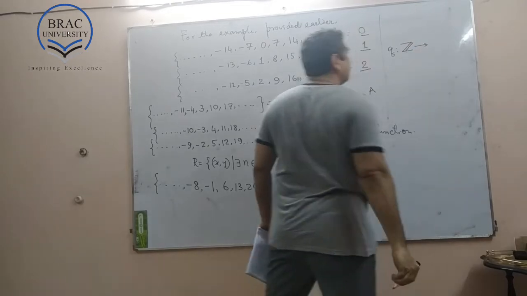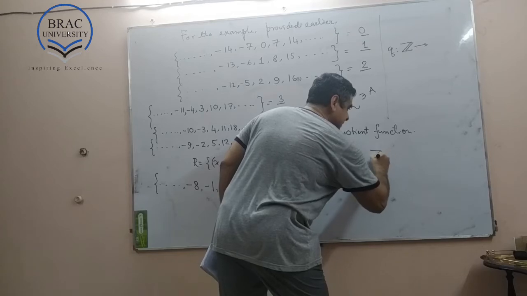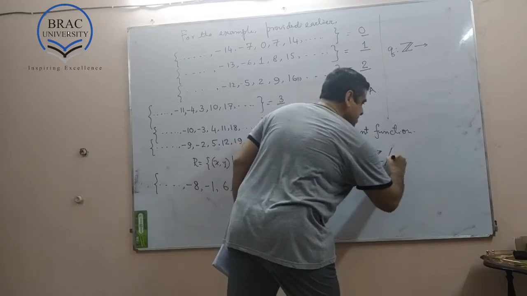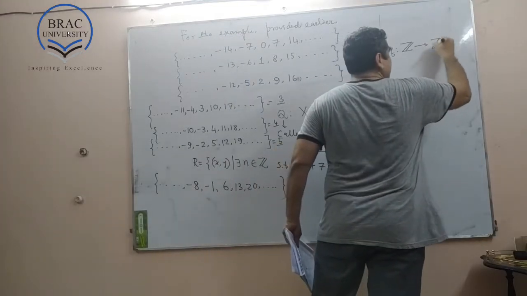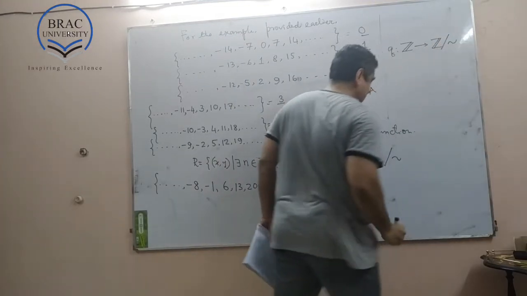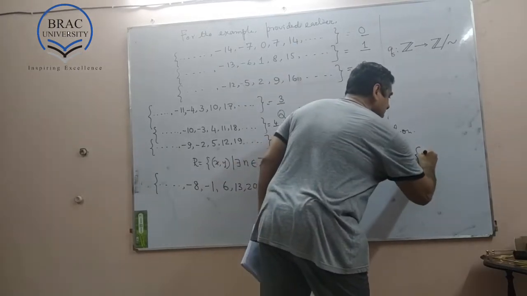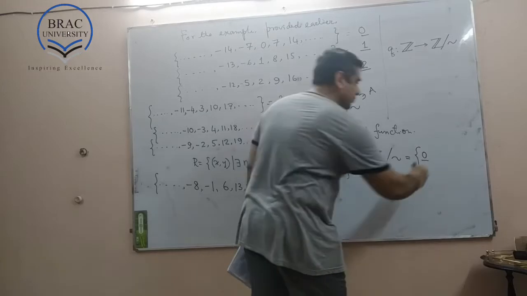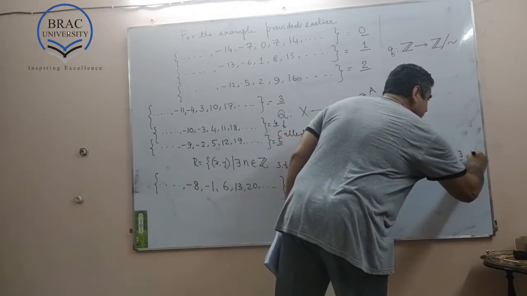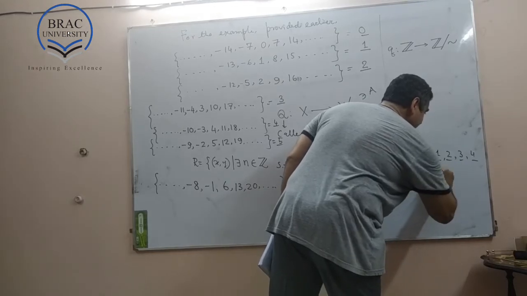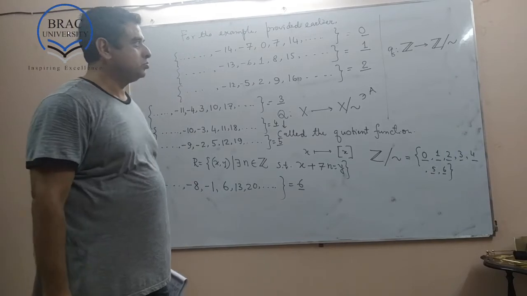And the set Z slash twiddle is precisely this set with 7 elements: underbar 0, underbar 1, underbar 2, underbar 3, underbar 4, underbar 5, underbar 6. Okay?